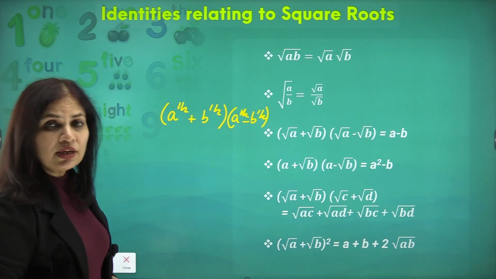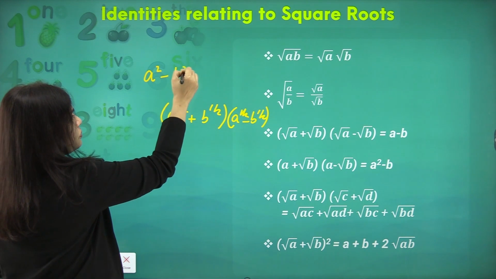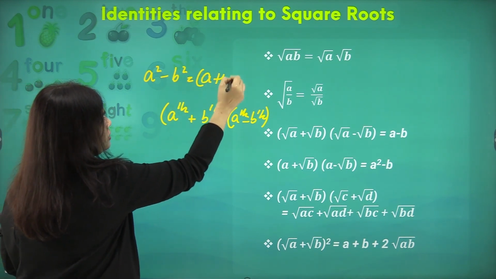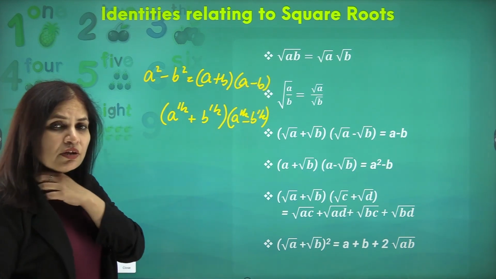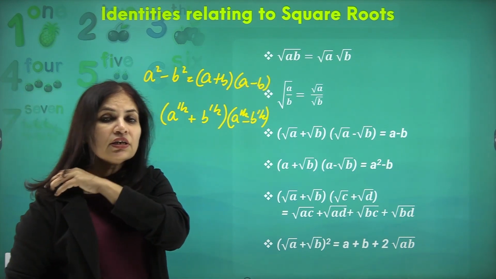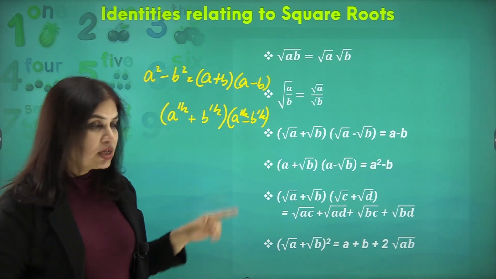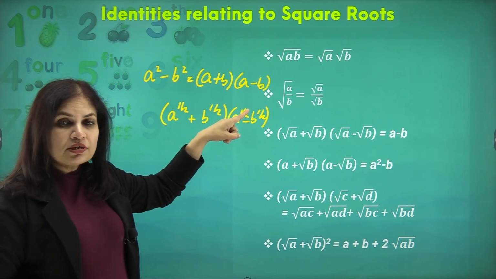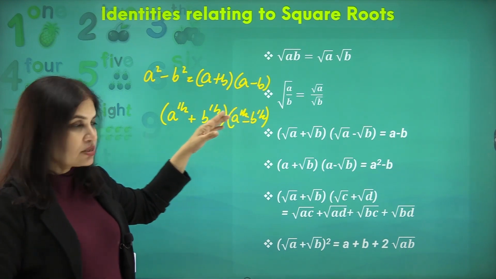Let us recall the identity that a square minus b square is equal to a plus b into a minus b. This was one of the identities that we have learned, that the difference between the squares of two numbers can be written as the product of the sum of the two numbers into the difference of the two numbers.